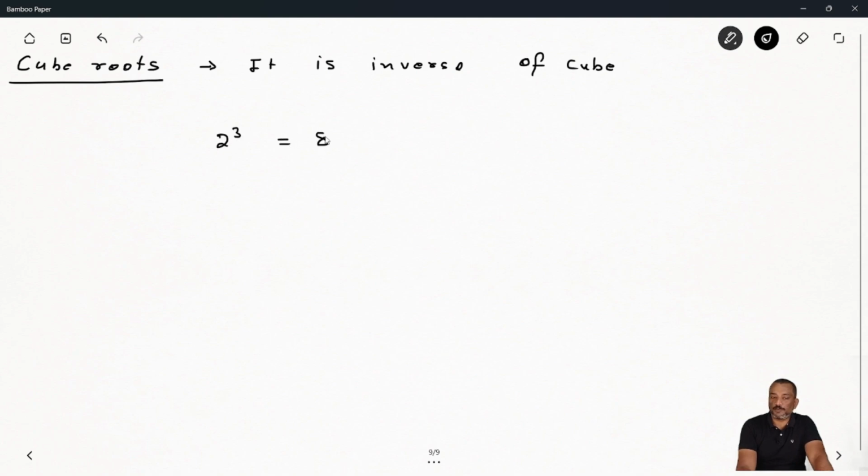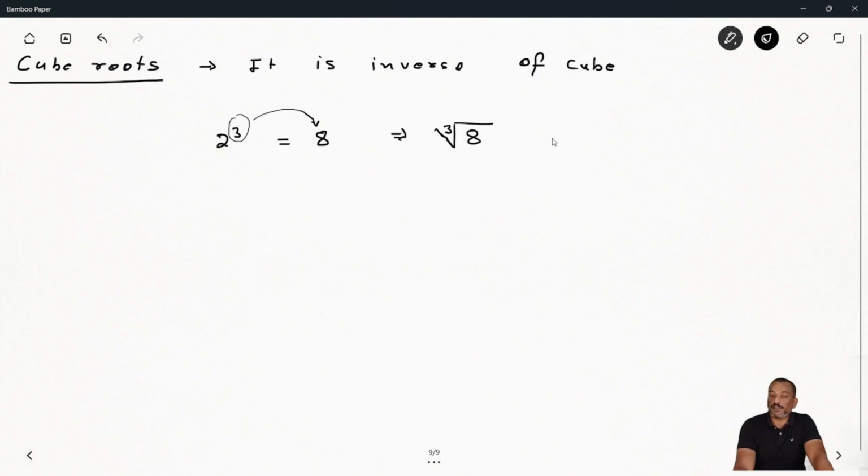8. But if I inverse, the 3 will go to the other side, so it will become cube root of 8. How can we write cube root of 8? We have to put an index 3 here. In a square root we don't put any index, but here we have to put index 3, which means it is a cube root.